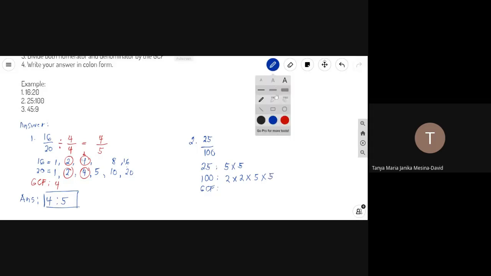To get the GCF, I take all the common factors: we have 5 here and another 5 there. So the GCF is 5 times 5, which is 25.